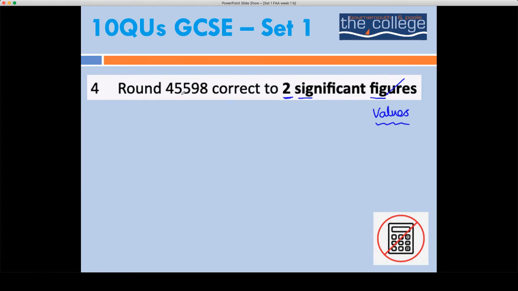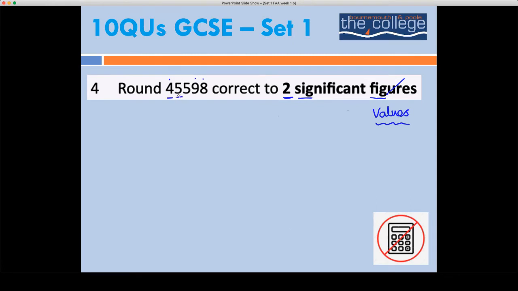So the 2 most significant values, if you think about this as being money, this 9 and 8 are the biggest digits, if you like, 9 and an 8. And this 4 is the lowest one, but actually in value, this 4 is worth much more than this £8 on the end here, or this £90 here. So we need to take the highest value.